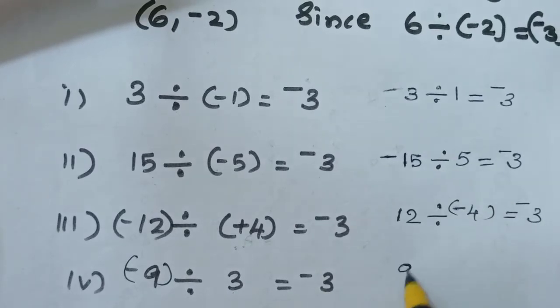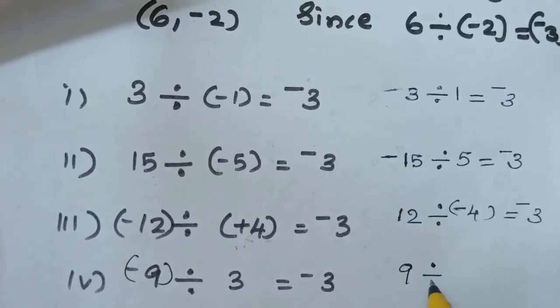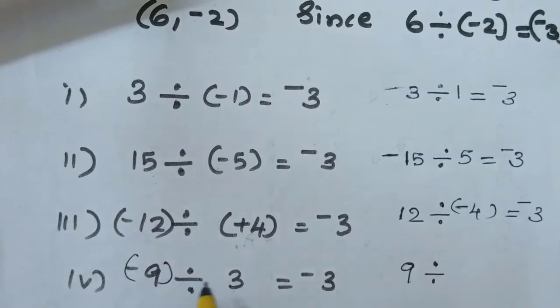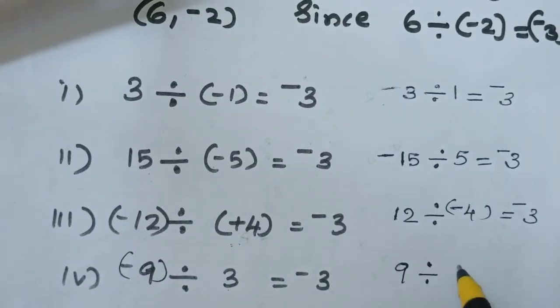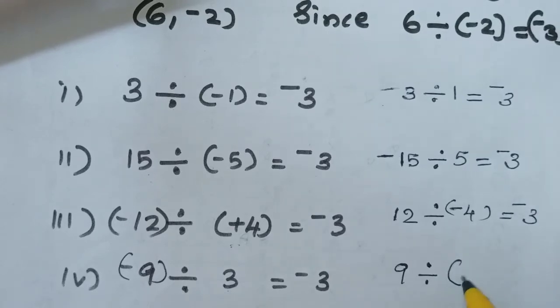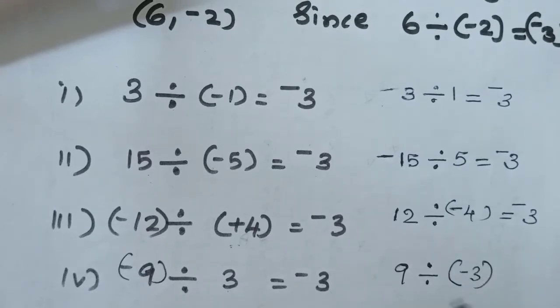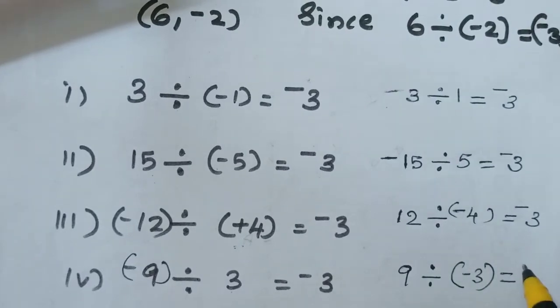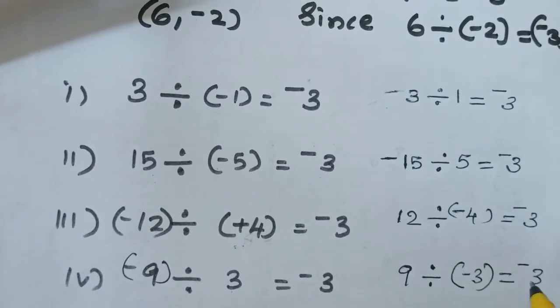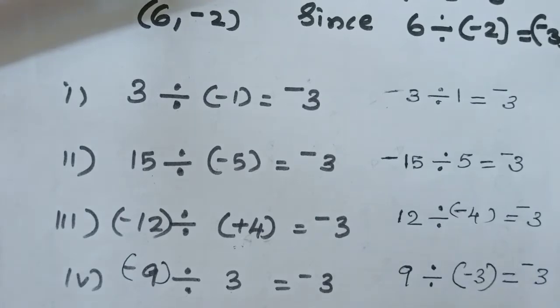This also we can write as 9 divided by -3 is -3. So here we have 8 examples.